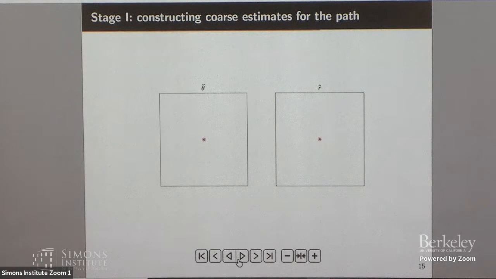Here's a very simple animation for that. For the theta hat process, you just move along a line segment. There's no Brownian motion injected to that, and there's nothing nonlinear happening. And for this R hat, it just runs with the OU process, which is explicitly solvable as we just discussed.